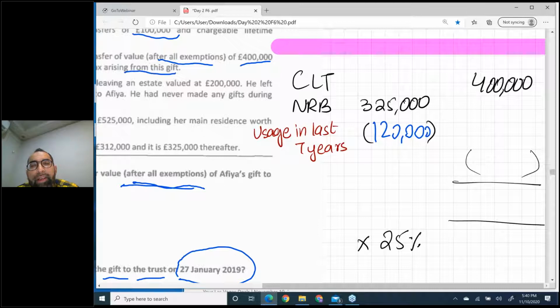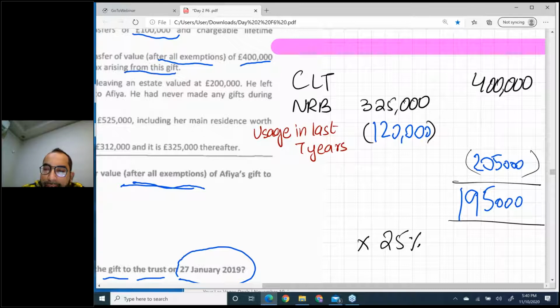So 325,000 less 120,000 is 205,000. Deduct 205,000 from 4 lakh, it will be 195,000. And now as the donor AFIA is paying the lifetime IHT, the tax rate will be 25%.